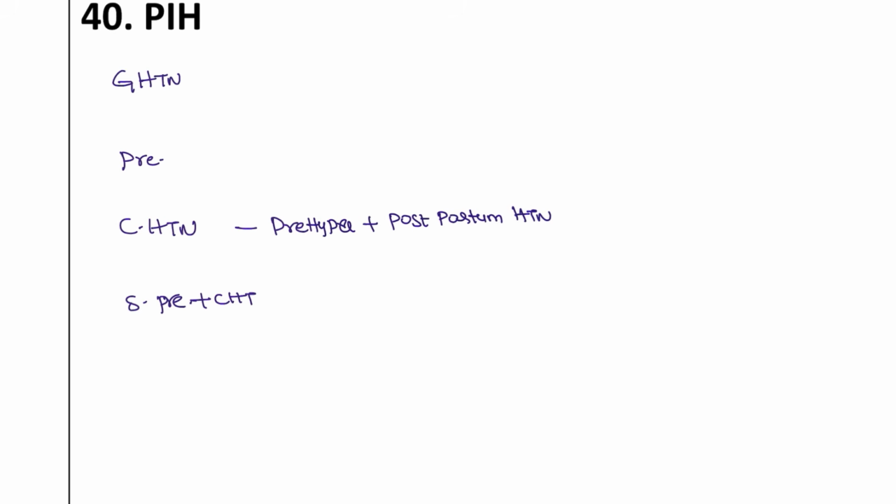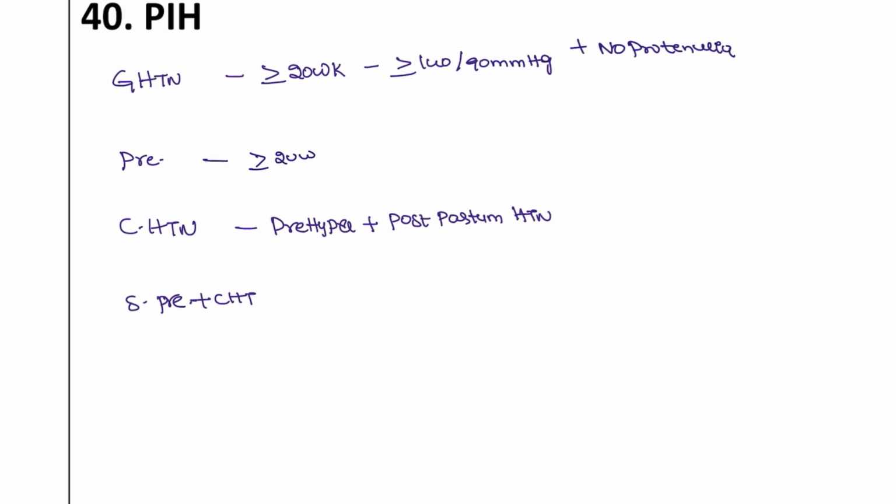Next, gestational hypertension is when the patient has BP at more than or equal to 20 weeks. What is the criteria? 140 by 90 mmHg, plus there is no proteinuria. Pre-eclampsia, again 20 weeks, and the criteria is more than 140 by 90 mmHg, but there is proteinuria.